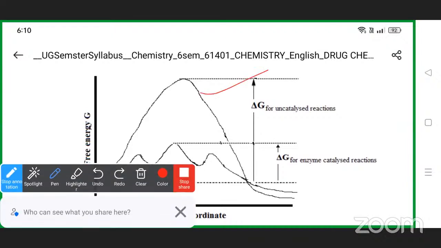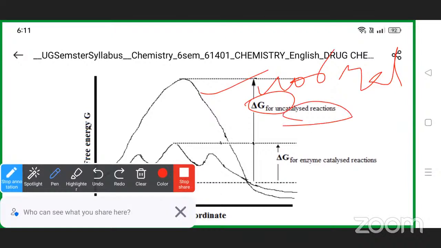So this is the normal reaction, right? This is the normal reaction where it is having this much delta G, right? So delta G activation energy, this much energy is required here. It's the uncatalyzed reaction, the normal reaction here, without enzymes, without catalyst here.